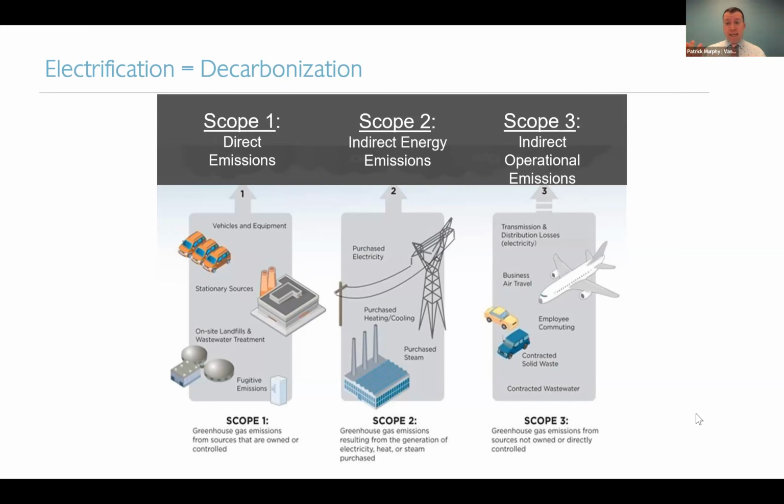That also applies to campuses, especially corporate and college campuses that have a central heating plant. The building itself might not have fossil fuel consumption, but it's consuming campus heating from a source that does have an emission. And then the last one is indirect emissions associated with operating buildings.